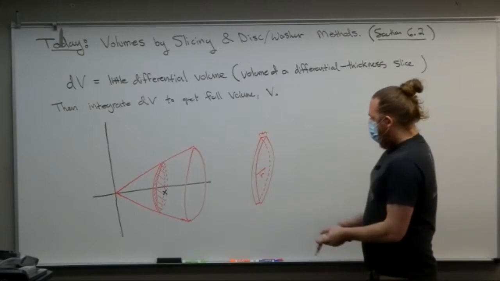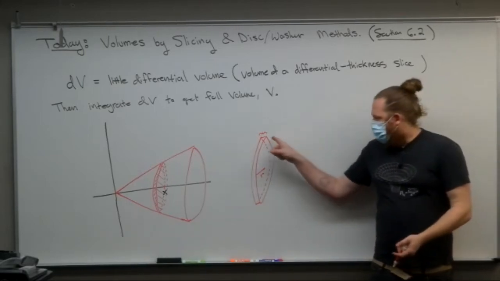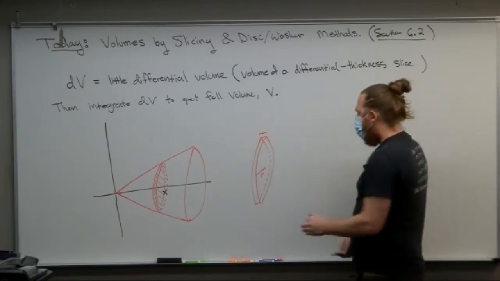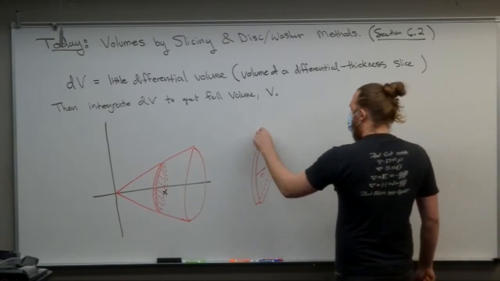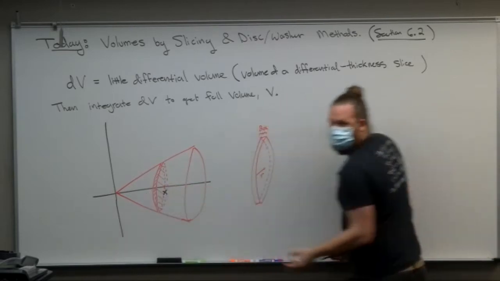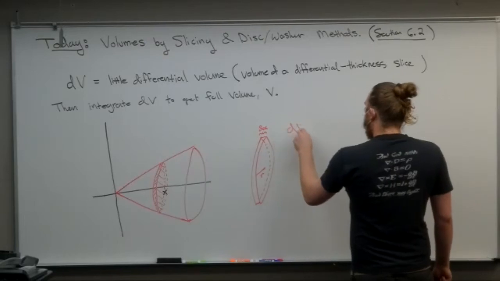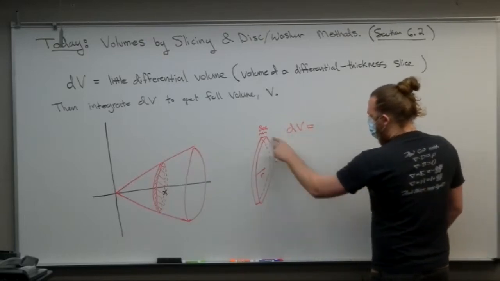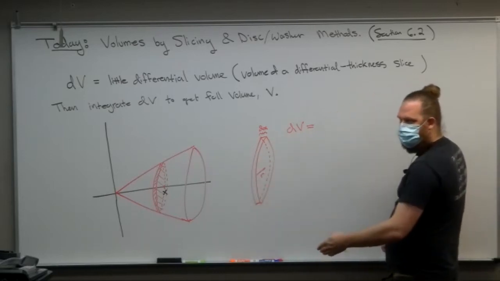So the way you compute the volume of a little solid like this, as long as it's narrow enough that you can assume that this edge here is straight and flat, is by taking the cross-sectional area and multiplying by that thickness. So here I'll call that thickness dx because it's like a little horizontal thickness. And the little volume is going to be, like I said, the area of this cross section. That's the name for something like this, right? When you cut through a solid.